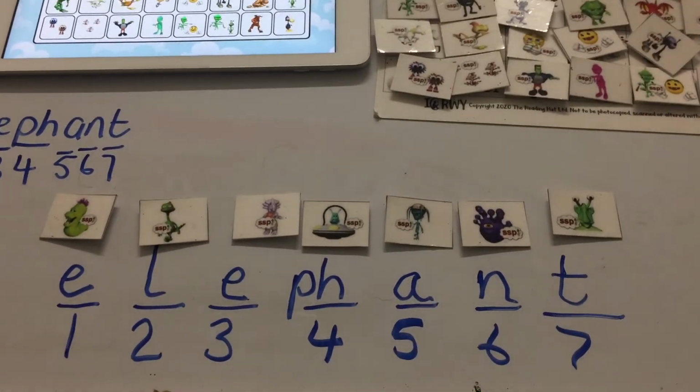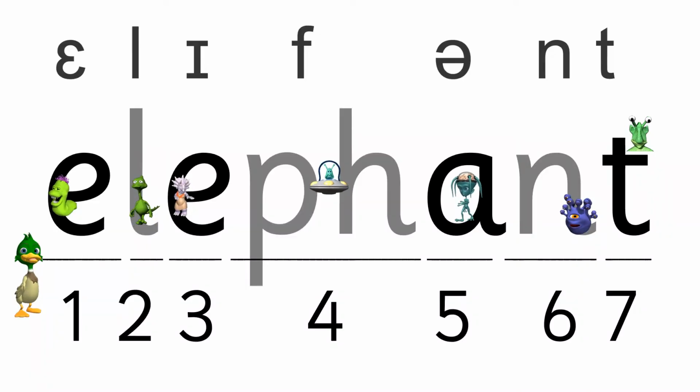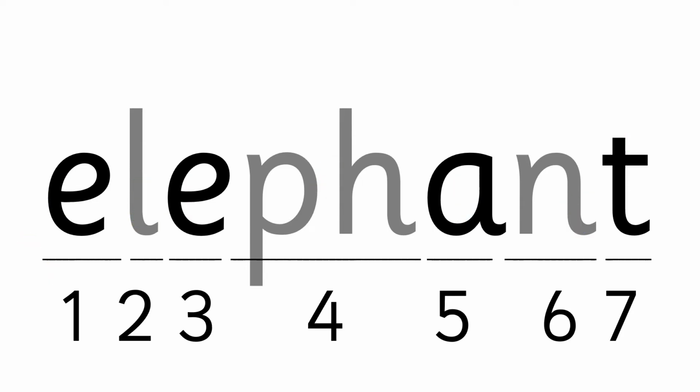Elephant. Monster spelling. Elephant. Let's take away those phonetic symbols. Elephant. So 2 letter E's, but they're pictures of different speech sounds, and the monsters really help us with that.